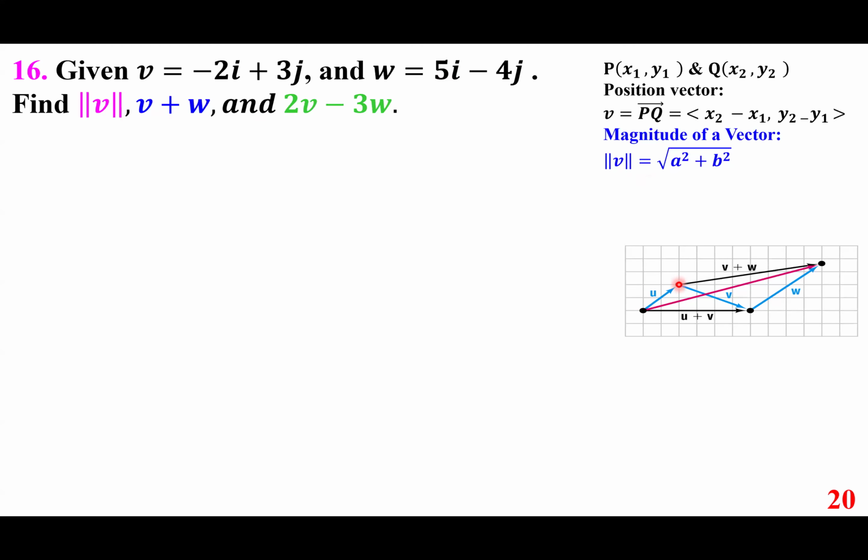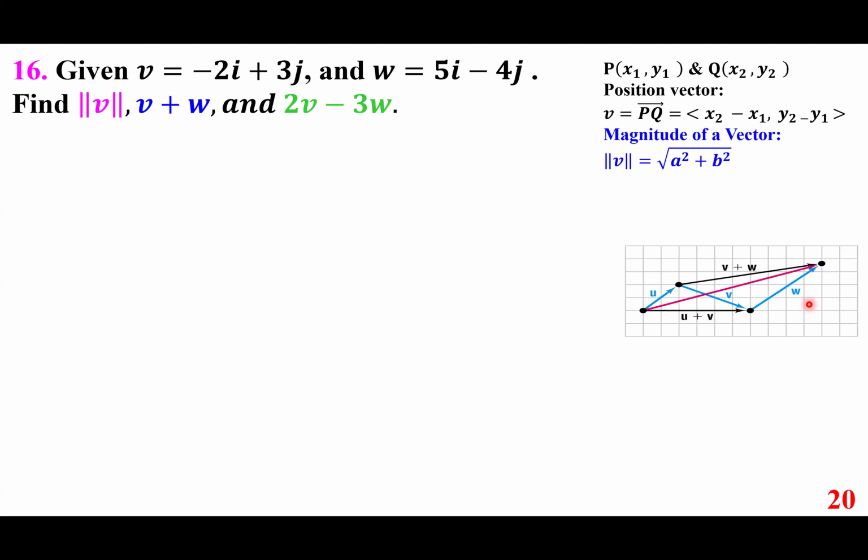If you want to add u and v, two vectors, the terminal point of one is connected to the initial point of the other. If you look at just u and v, then from the initial point of the first one all the way to the terminal point of the last one is u plus v.